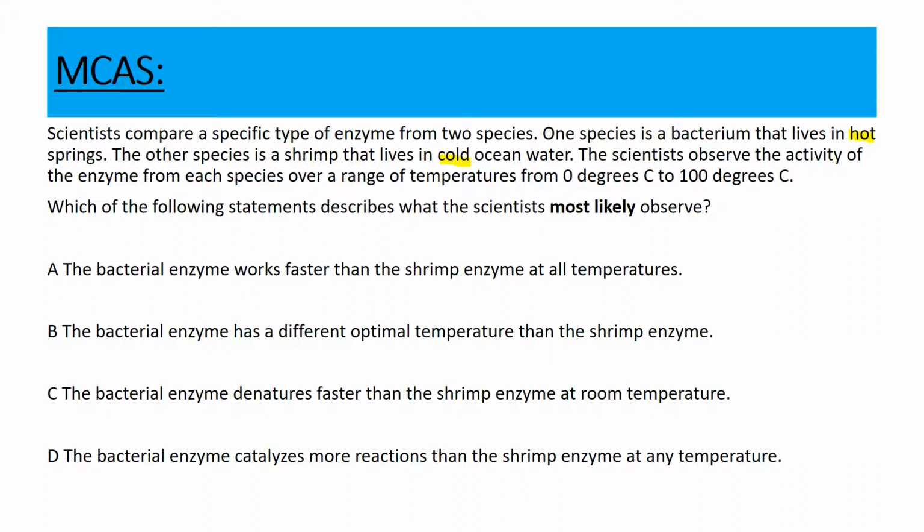And so the answer to this question, I'm not going to read them all out, is going to be B. The bacterial enzyme has a different optimal or best temperature than the shrimp enzyme. The enzymes in the bacterium are going to require a higher temperature range than the enzymes in the shrimp because they live in very different environments, and enzymes only function under specific conditions. They require specific temperature ranges, among other things.